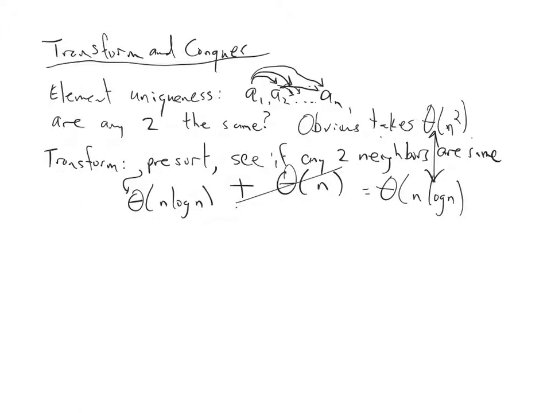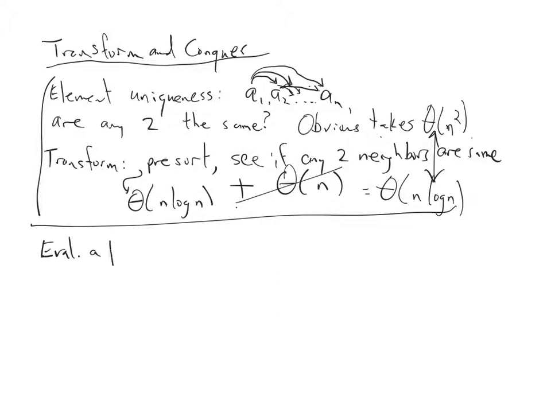Another example is evaluating a polynomial. Say p of x is equal to, and I'll use the same one that's in the notes, 3 plus 7x minus 4x squared plus 5x cubed.